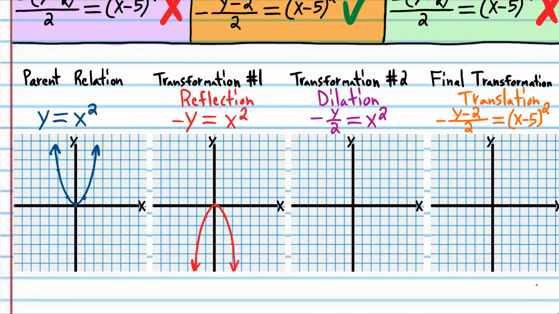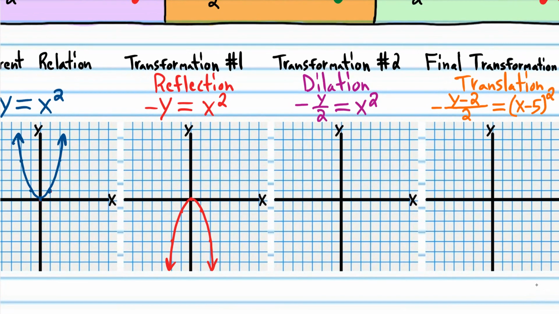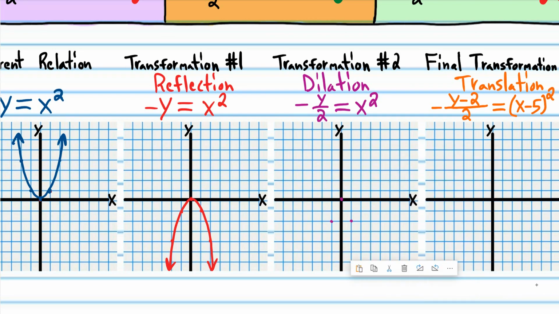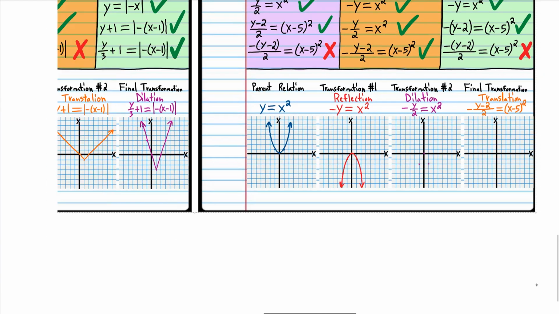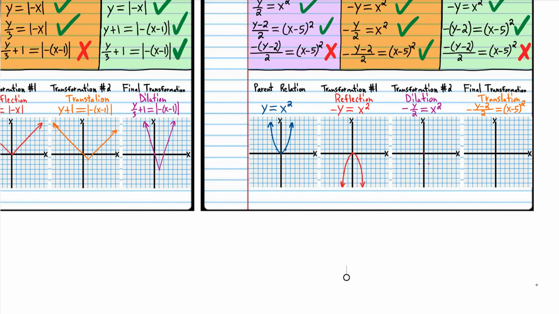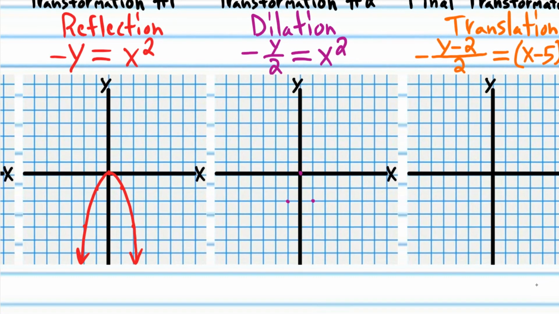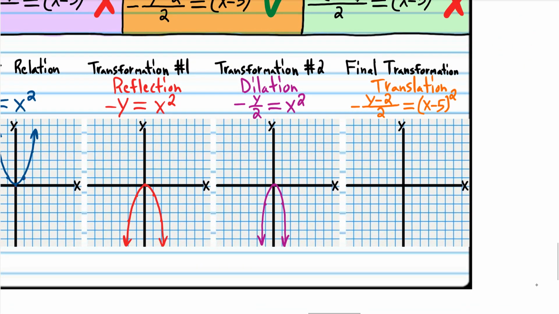That means we're going to multiply all the y values by 2. And so then we have the following graph. Then we're going to move the graph up 2 units and to the right 2 units.